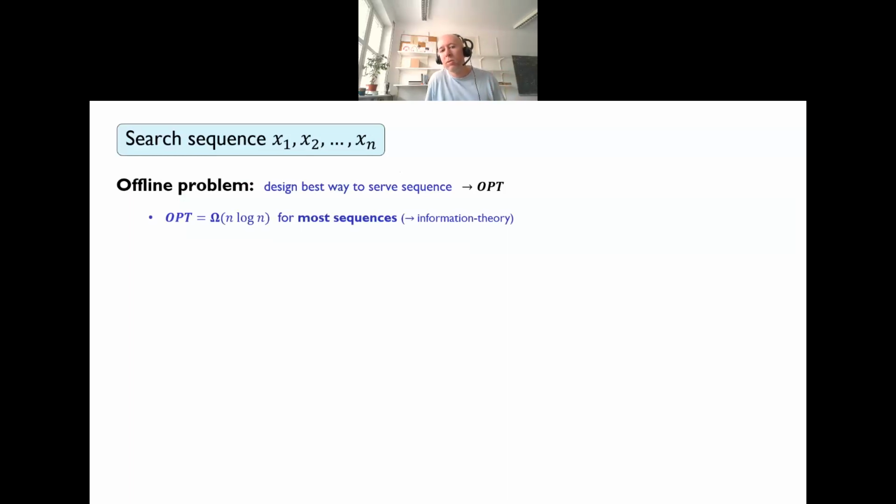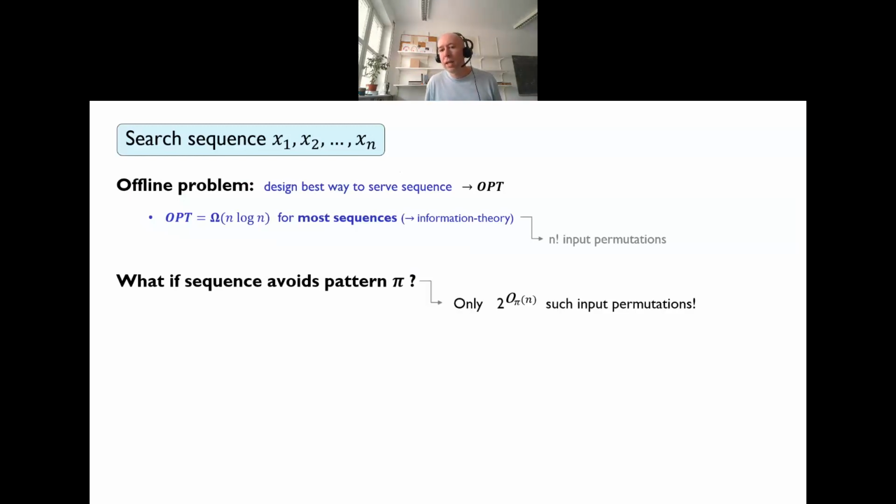And as I said, we know that n log n is a lower bound for most sequences, but this comes basically from the fact that there are n factorial input permutations, and we take the logarithm of that. But what if the sequence avoids some pattern? Well, then we know that there are only single exponentially many such input permutations.